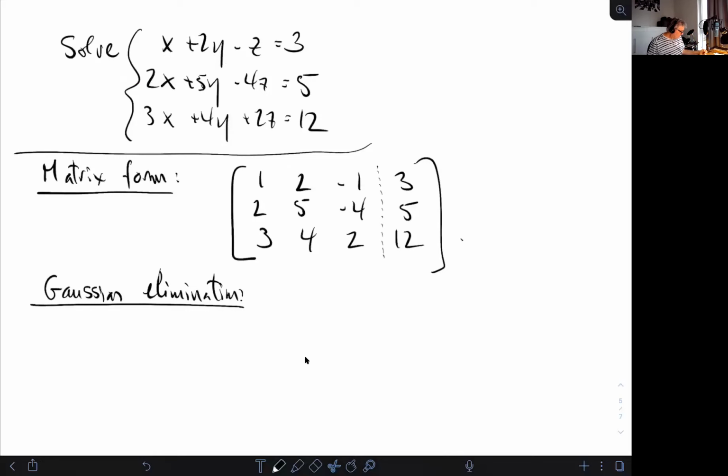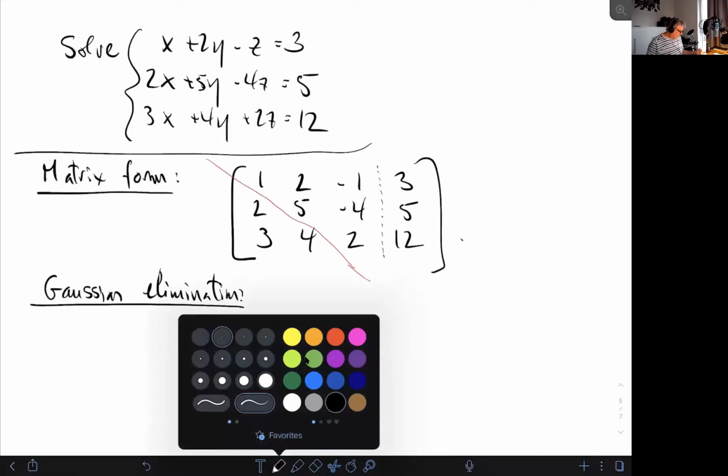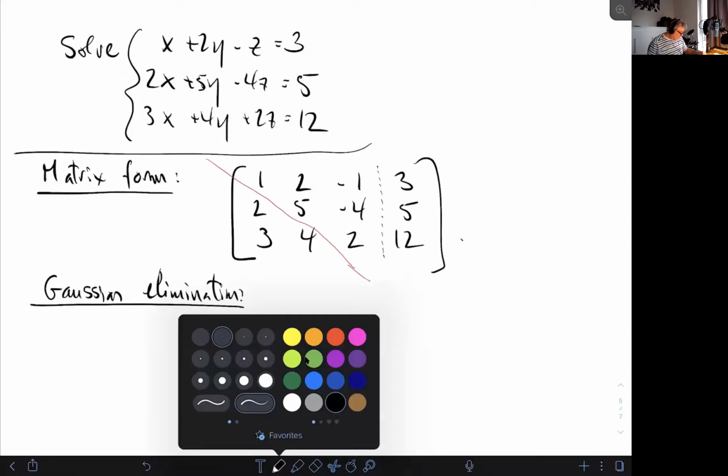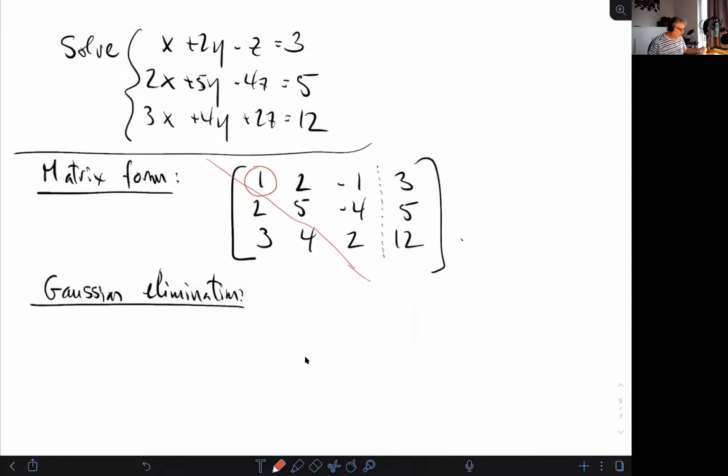Okay, so the point is always to get zeros below this diagonal here. So what you want is always basically to get zeros below this red line. Okay, so how do we do that? We have to use what we call pivots. The first non-zero number that you see, which in this case is here, we're going to use that to create zeros below it. Okay, so the first step you want is to make sure you have an entry which is non-zero up there.